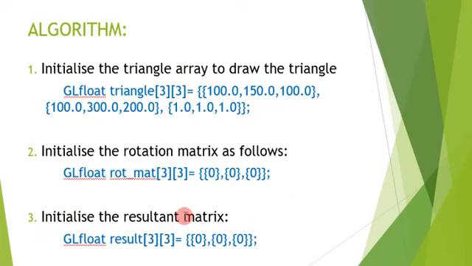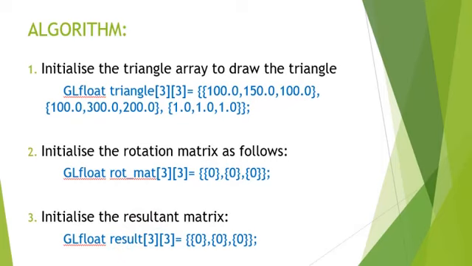The resultant is the actual result that we will be getting after creating and rotating. The result of the rotation is what is initialized here. Again the initialization, again the GL float rotation underscore matrix, 3 by 3, 0 comma 0 comma 0 again, right? So here it will be the resultant matrix.